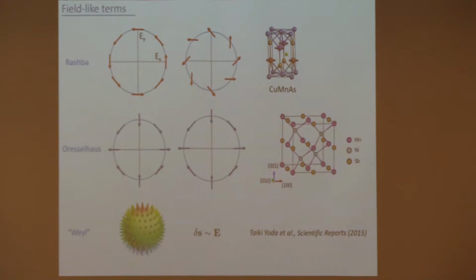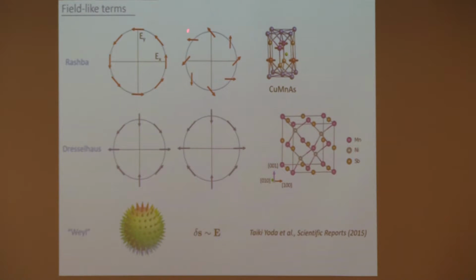What's especially interesting is that the field-like terms are actually only 3 by 3 tensors, so they can only have several different forms. They can have this well-known Rashba form, which is the case in copper manganese arsenide, where the effective field is always perpendicular to the electrical field.